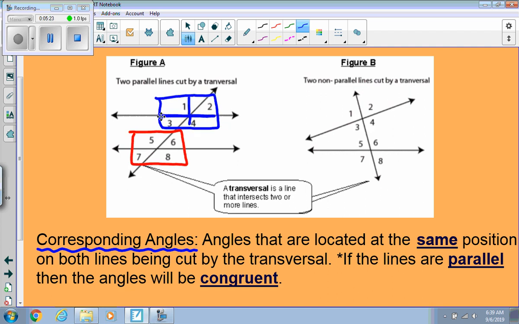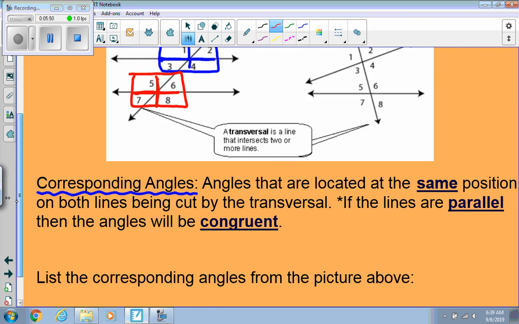We have a top left corner, a bottom left corner, a top right corner, and a bottom right corner, and the same thing in the bottom box. So angle 1 and angle 5 are corresponding angles because they're in the same box, just on a different line. Angle 6 and angle 2 are corresponding angles. 7 and 3, 4 and 8.